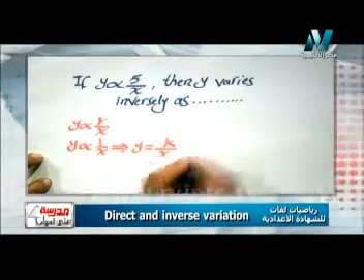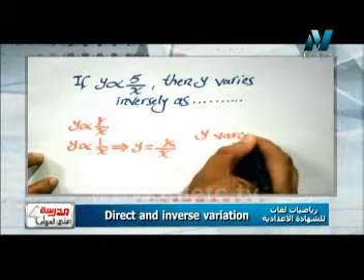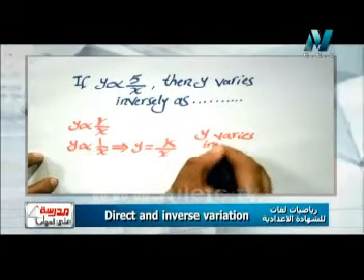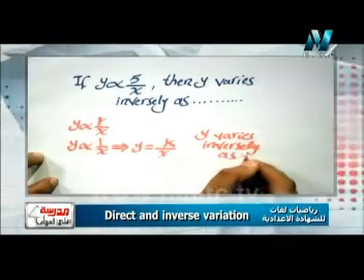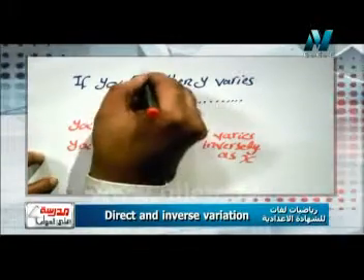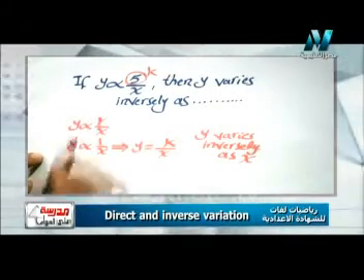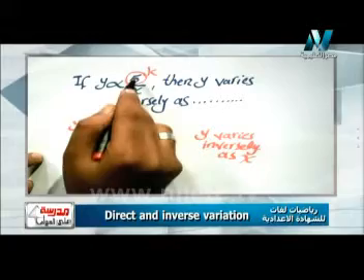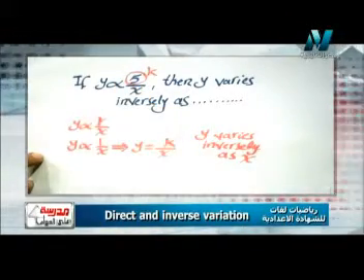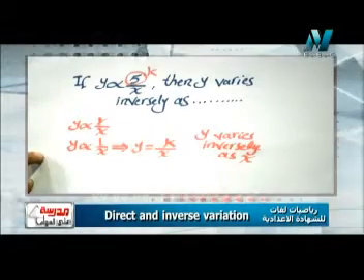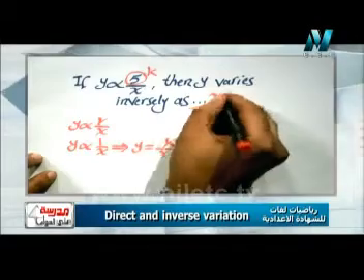It means y varies inversely as x. As long as 5 is a constant, we have 5 instead of k, so y equals 5 over x means that 5 is instead of k, so y varies inversely as x.